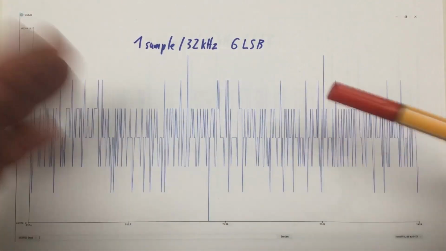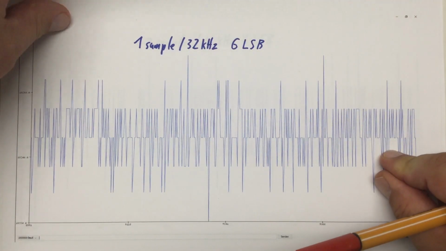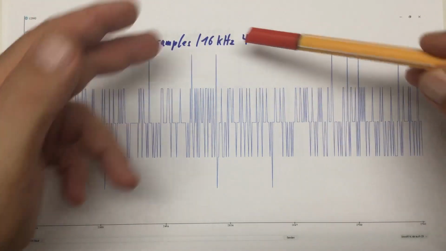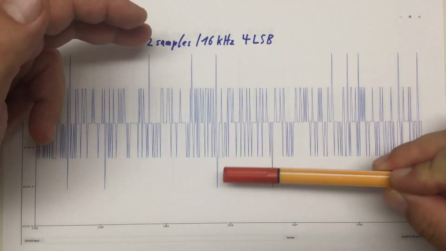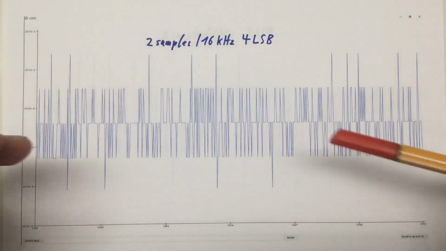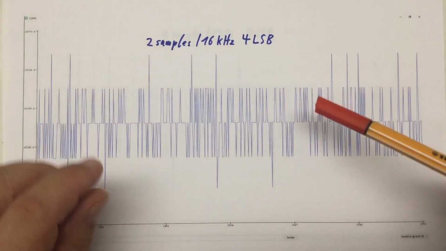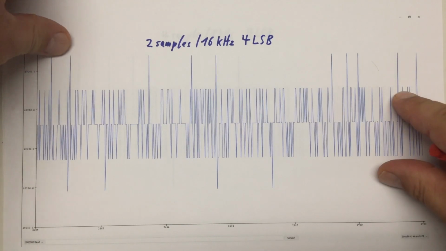So let's say about half a degree noise. As soon as we averaged over 2 samples, of course halving the output rate to 16 kilohertz, the noise went down to 4 LSB. That's between 0.32 and 0.36 degrees. So let's say a third of a degree.